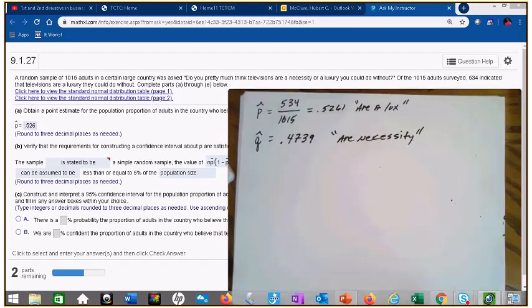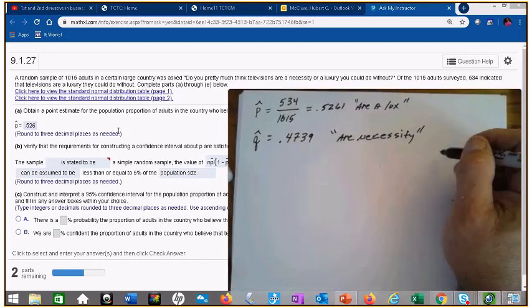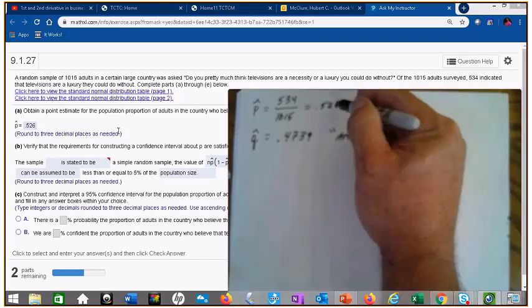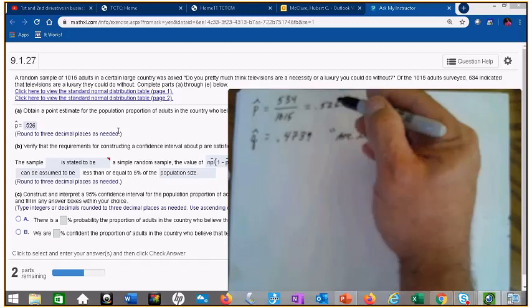Okay, so that takes care of a lot of the stuff in the question. What do they ask for? Look there. They ask for p hat. Boom. Now we have to do the npq check, and to me that's ridiculous because these are both around 50%, right?